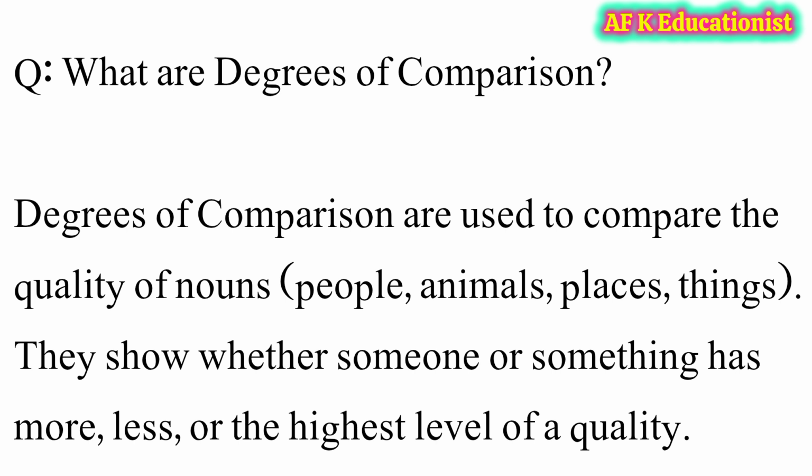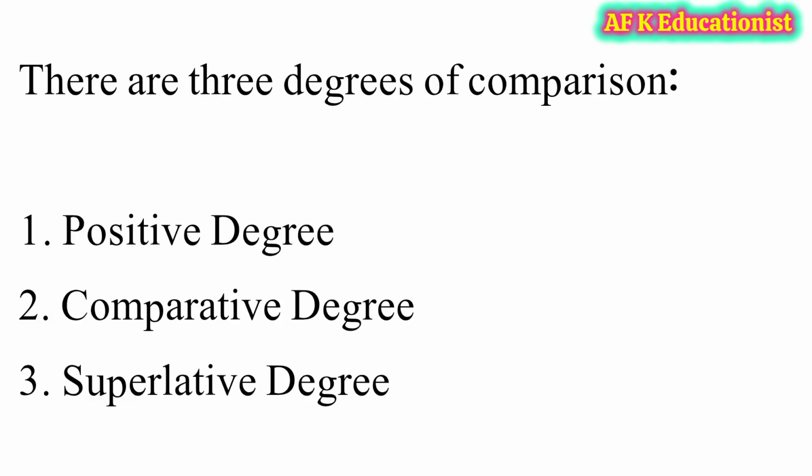They show whether someone or something has more, less, or the highest level of quality. There are 3 degrees of comparison. 1. Positive degree. 2. Comparative degree. 3. Superlative degree. Now let's discuss each one in detail.